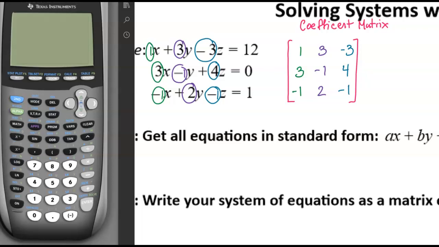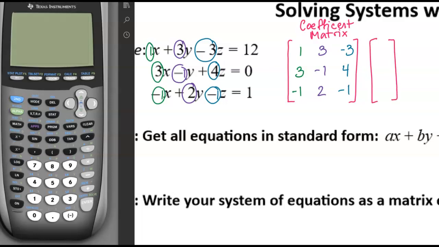Now, we do need to create a second matrix for the constants. This first matrix is what I like to call our coefficient matrix. It's where all our coefficients go. The second matrix goes right next to it.